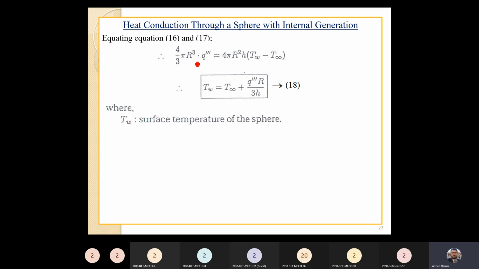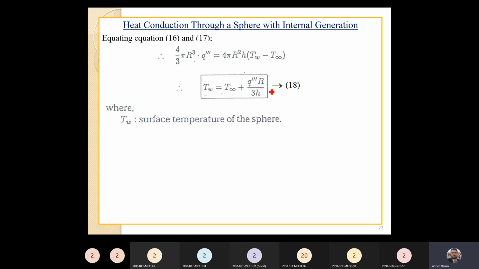By equating these two equations, you will get the wall temperature in terms of environmental temperature, heat generated within the system, R, and convective heat transfer coefficient. Hence in this way you can calculate the temperature of the surface of the sphere with internal heat generation.